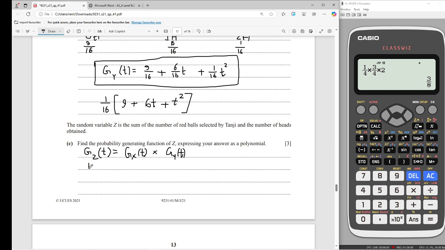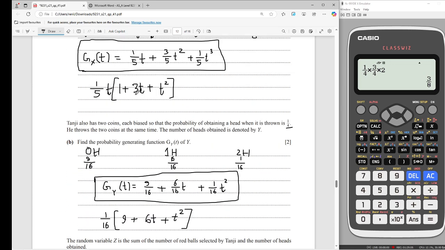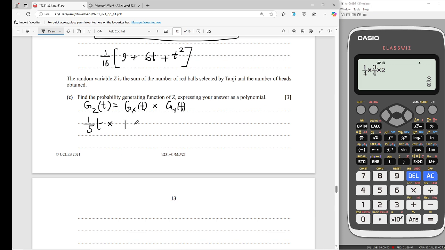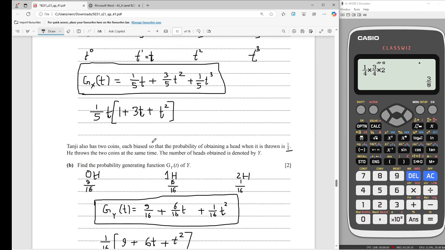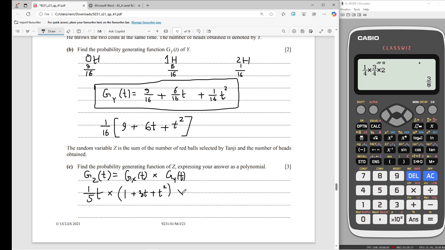So we have here 1/5 t multiplied with 1 plus 3t plus t squared. I think that is what I wrote. Yeah, multiply this with G_Y(t), which is 1/16, and we multiply that with this here.